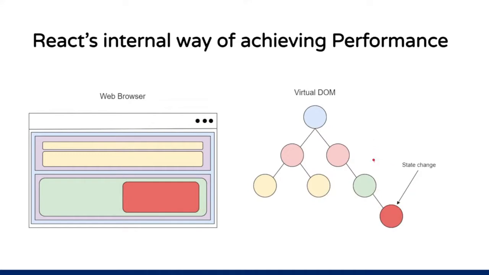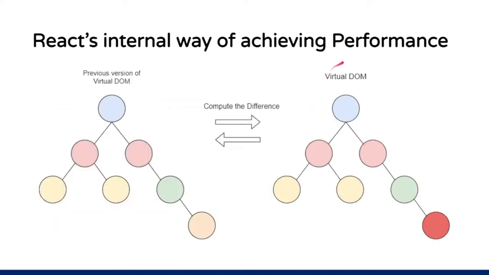When I update the React virtual DOM, it will change this exact element, and it will compute the difference between the previous version of the virtual DOM and the current version of the virtual DOM. This is where the diffing algorithm comes in, where it will compare the current and the previous state.